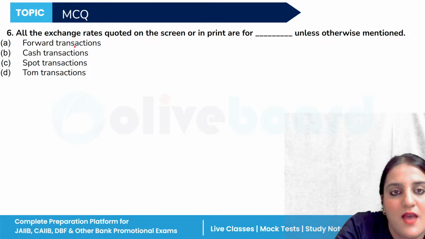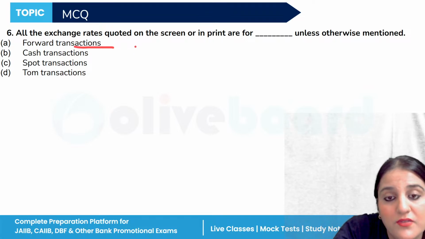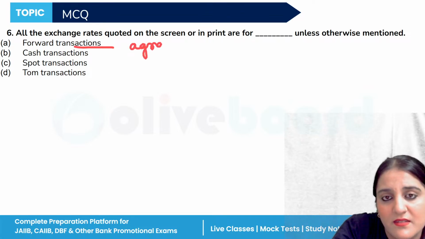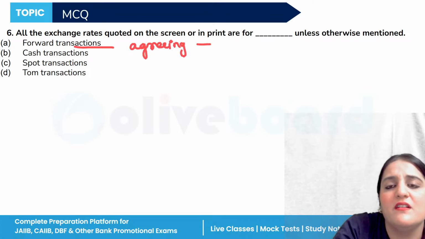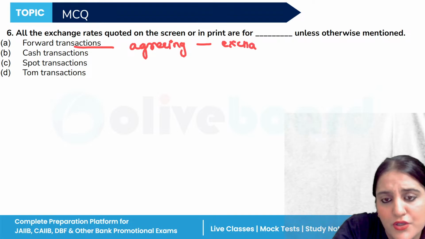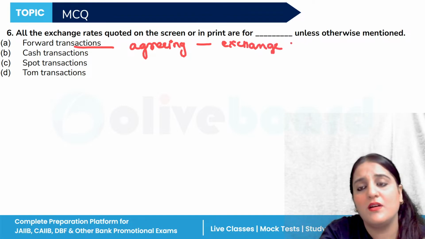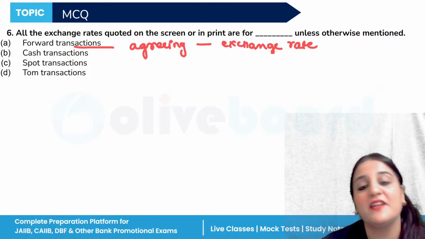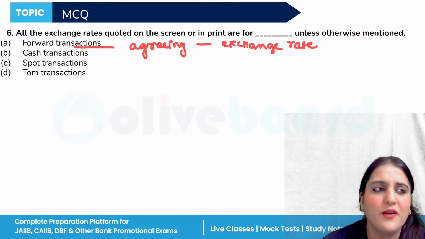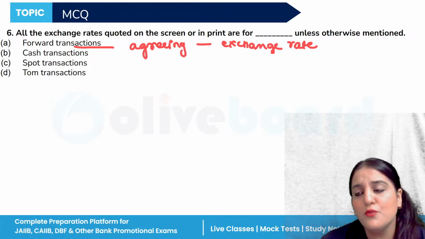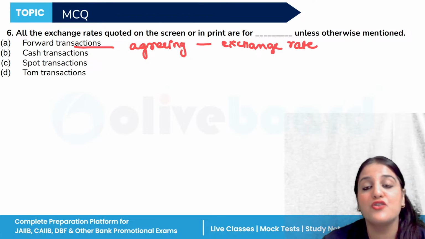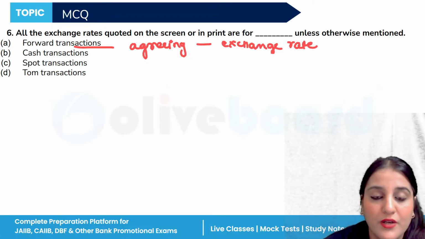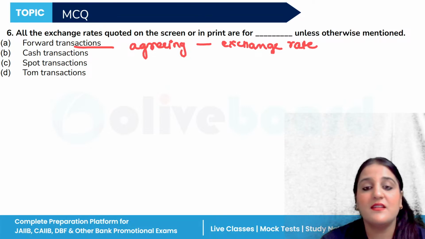Forward transactions are those which involve agreeing on an exchange rate today for a currency transaction that will take place at a future date, typically beyond 2 business days.